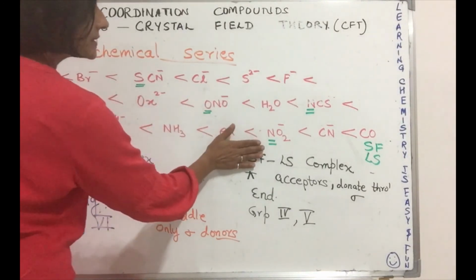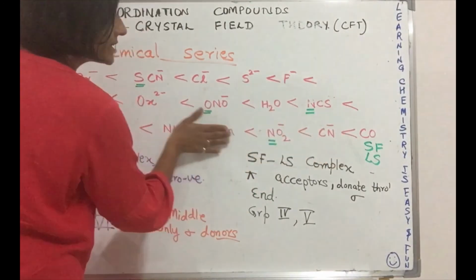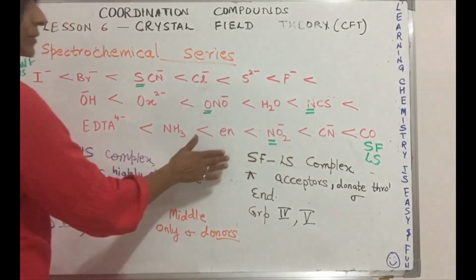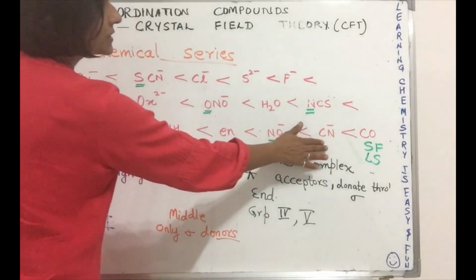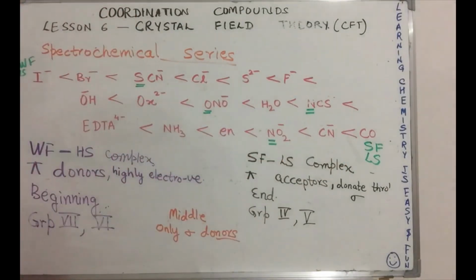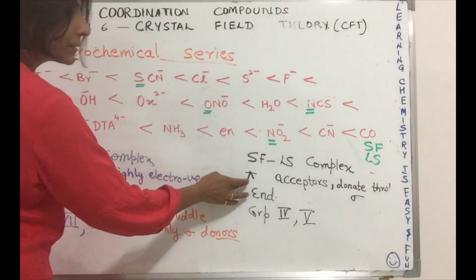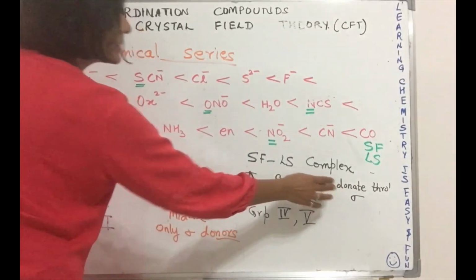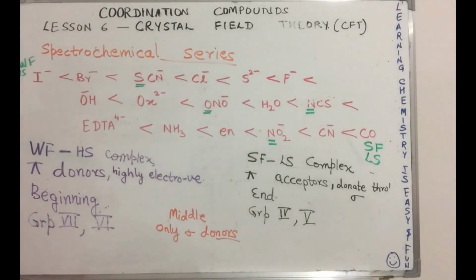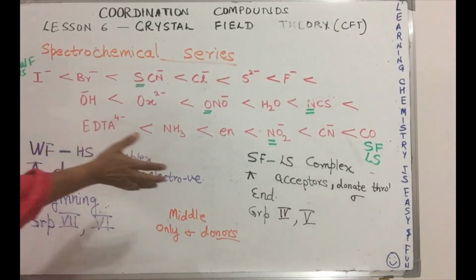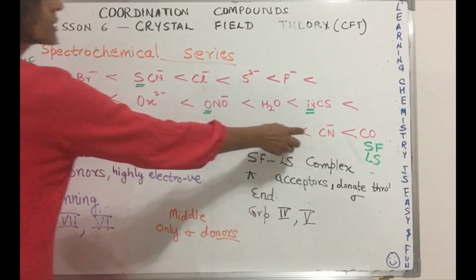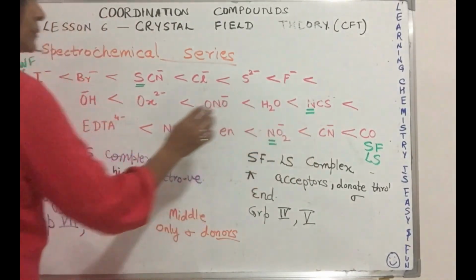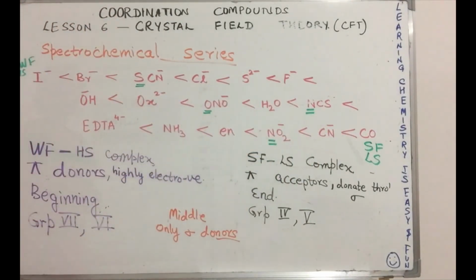On the other hand, at the end, or what we say at the top of this series, we have the strong field ligands. So we have NO2, CN, CO and so on, which have a strong tendency to form multiple bonds, but at the same time they can donate electrons easily. These you will find wherein the donor atom usually belongs to group 4 or group 5 in the periodic table.